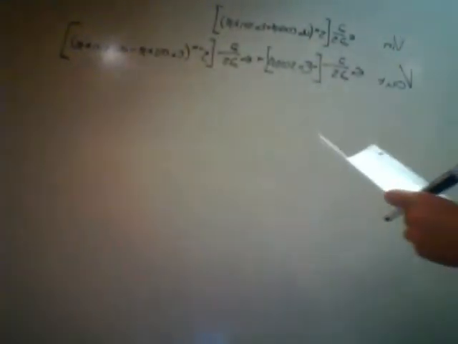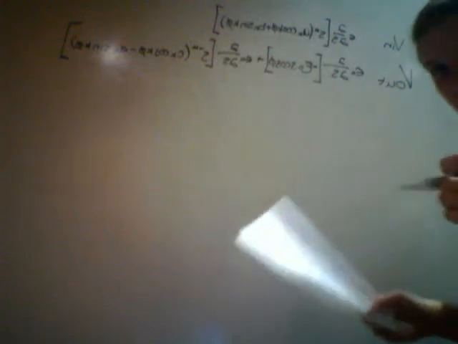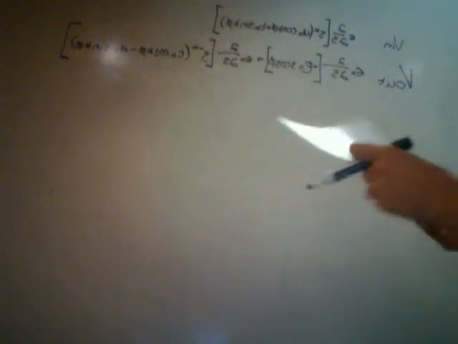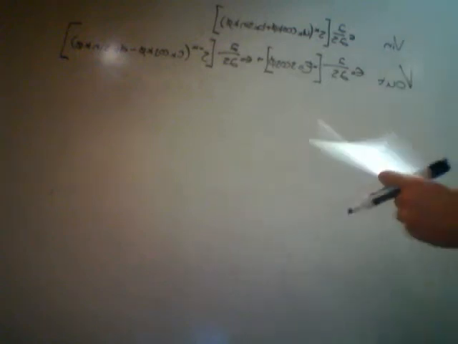Once we take the partials of everything, we'll put them equal together. I ran out of room, so I wrote them separately. After taking the partial, this is what you'll get.